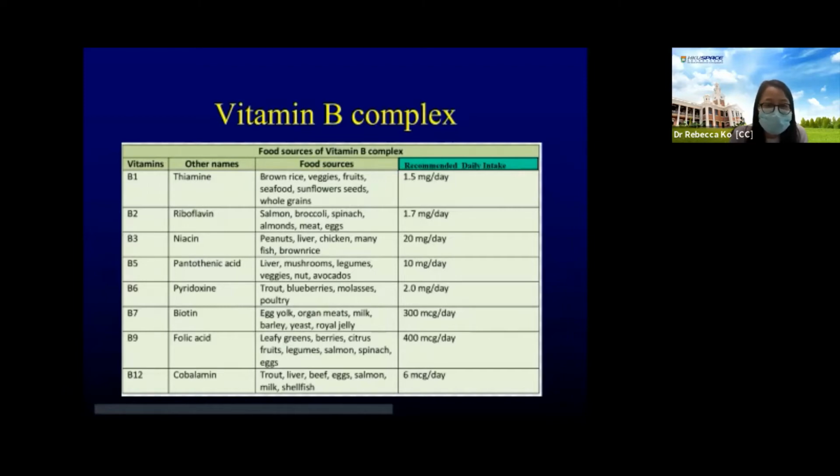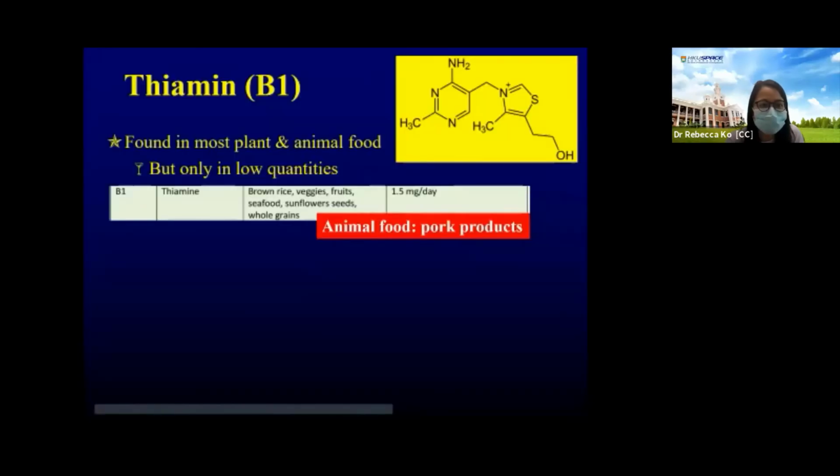Same as other vitamins, or even the main nutrients we learned before, we find, let's say, vitamin B in brown rice and sunflower seeds, which may contain more vitamin B1. And this table lists the recommended daily intake, and you found that just a small amount is good enough. Let's look at these one by one.